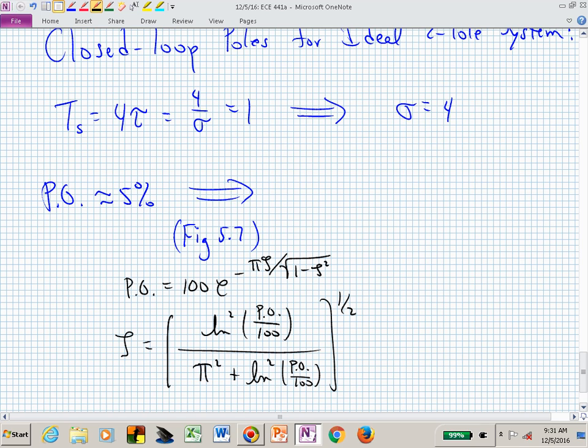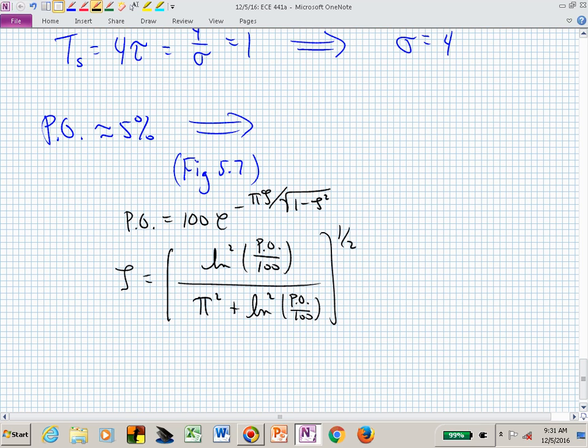And if we plugged in PO of 5, that's now 0.7. Or if you're playing around with Greek letters, what's this correspond to for theta? This is now 45 degrees in round numbers, right?